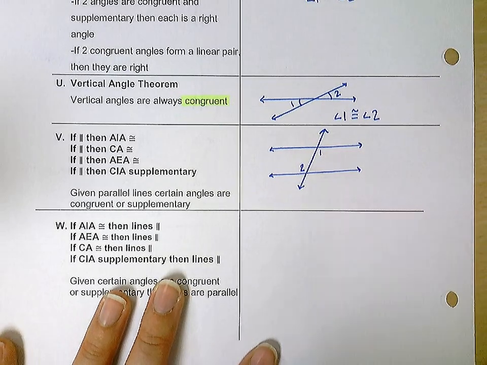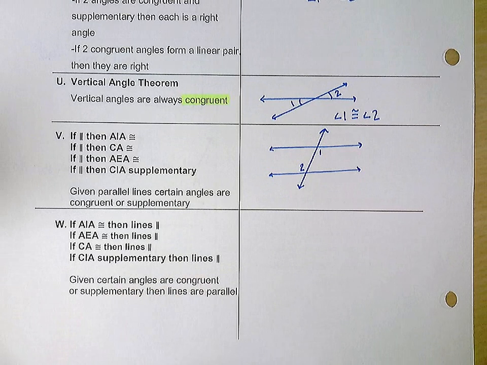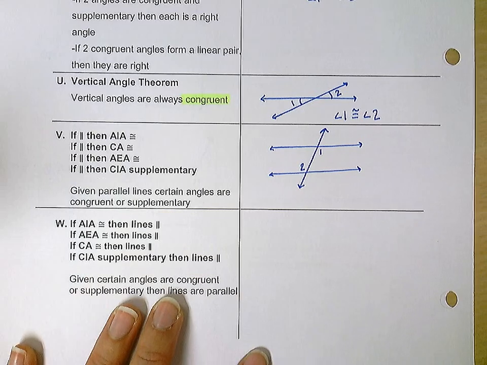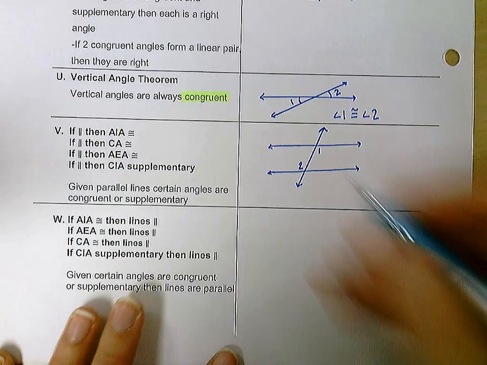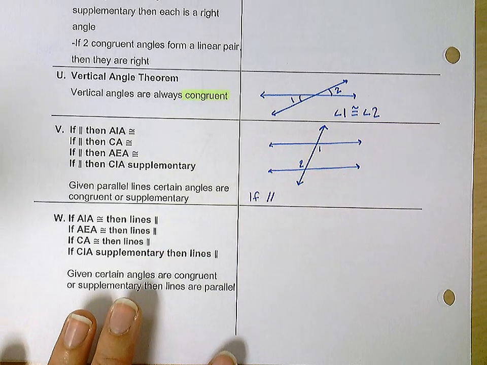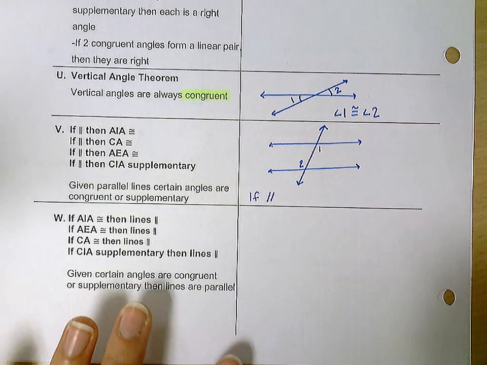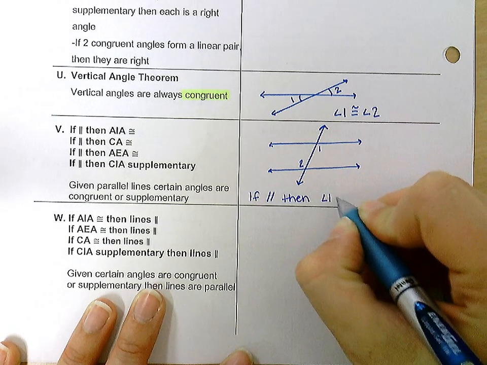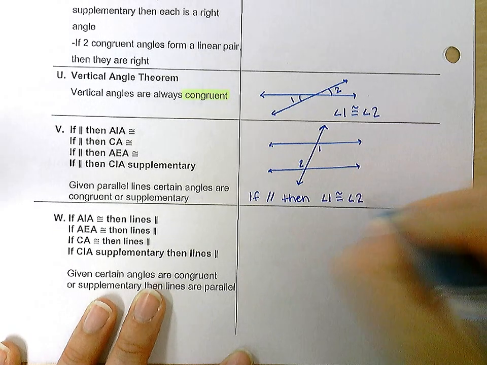Say I have angle 1 and angle 2 here. Since I know that these lines are parallel, and that's what that symbol is, parallel, then angle 1 is congruent to angle 2.